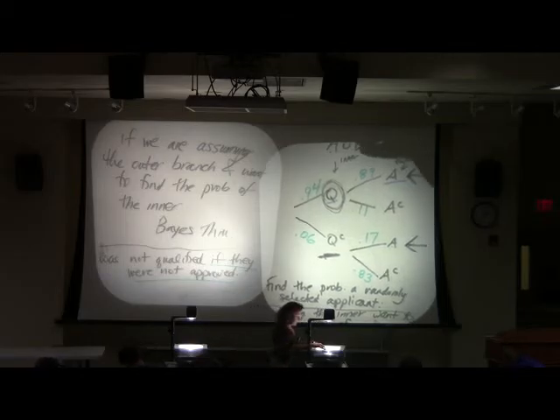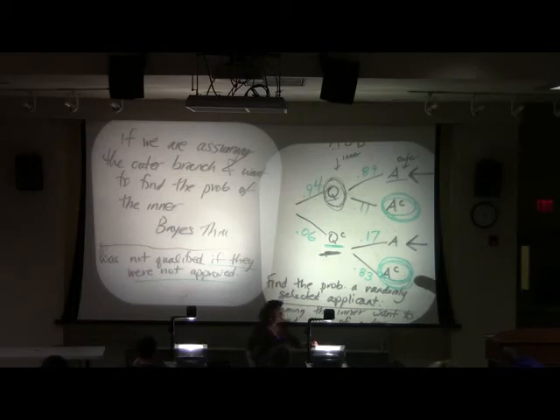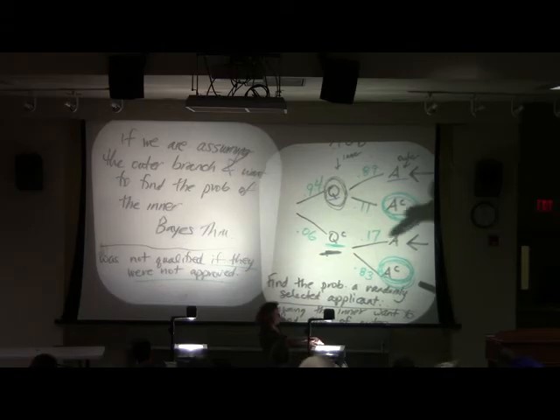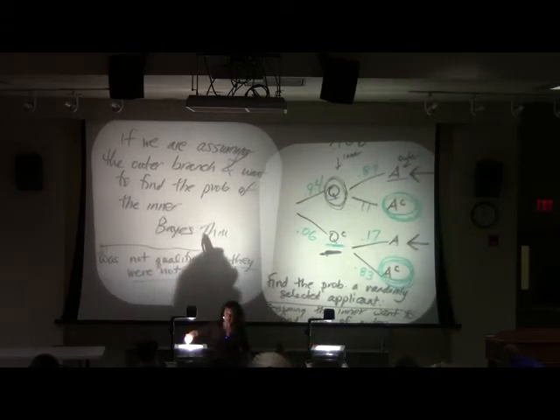All right. Do you guys agree? In this case, we're reducing our sample space down to these guys. And in this particular instance, we're interested in them not being qualified. If we're assuming an outer branch and we want to find the probability of an inner branch, that's Bayes' theorem.